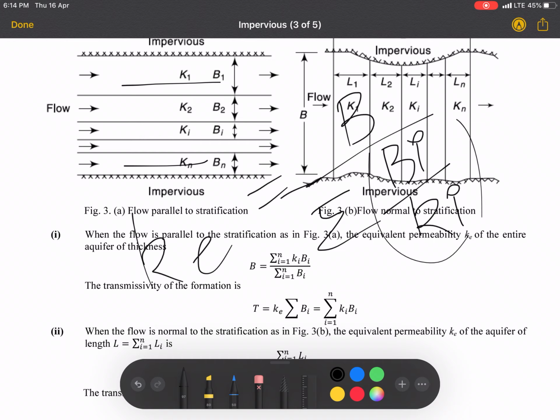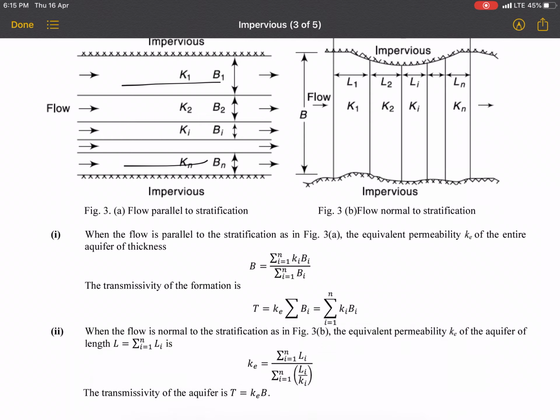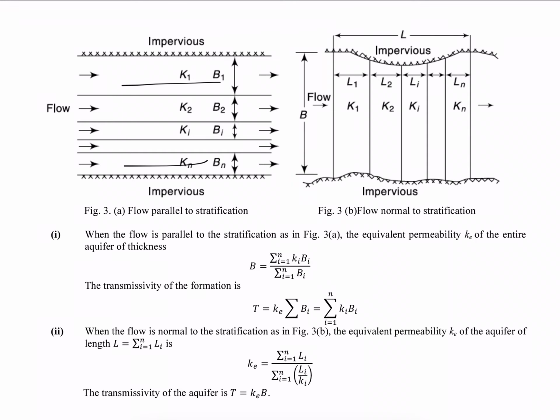This is the corresponding equation for the two possible cases. I hope you have got it. In most cases, K parallel will be greater than K perpendicular. You have to understand this.